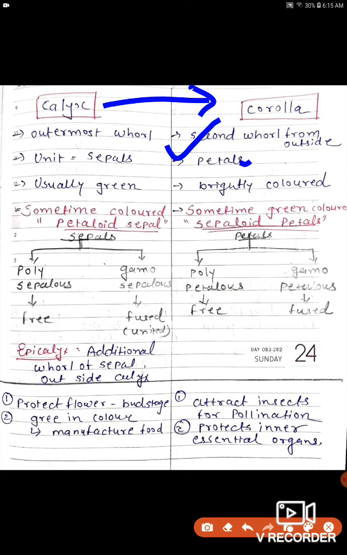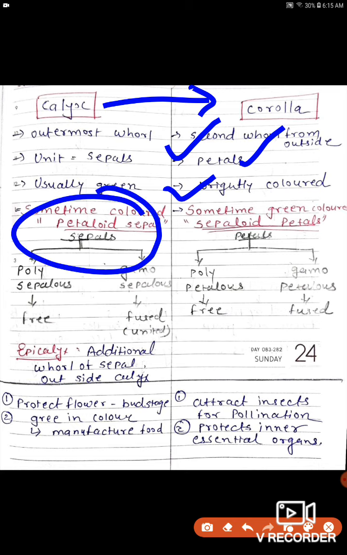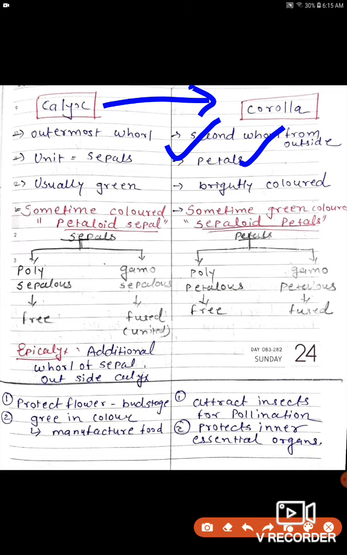The units are called petals. As you know, they are bright in color. But like here, there are exceptions. Sometimes they are green in color. So that time it is called sepaloid petal. Now see the difference.